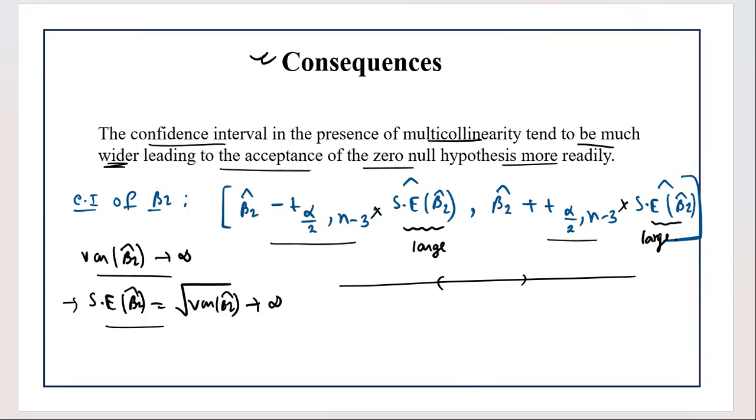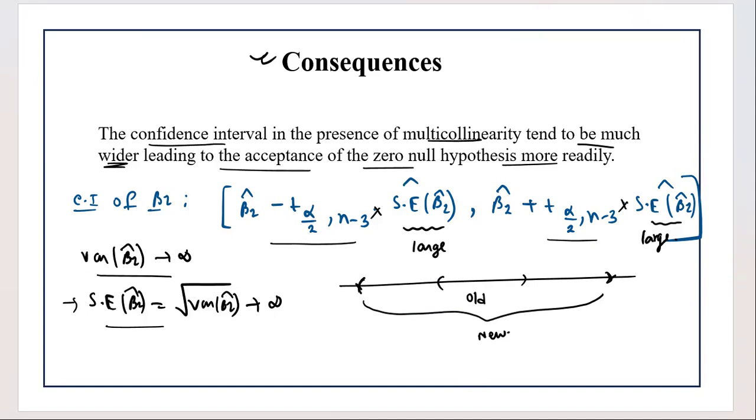So the case is like this. Previously, suppose this is the confidence interval. This is the old confidence interval. But as you introduce multicollinearity in your model, the lower bound increases, the upper bound also increases. So the new interval itself increases. This is the new interval. So the lower bound and the upper bound of the confidence interval get inflated, which makes it easier to accept the zero null hypothesis.